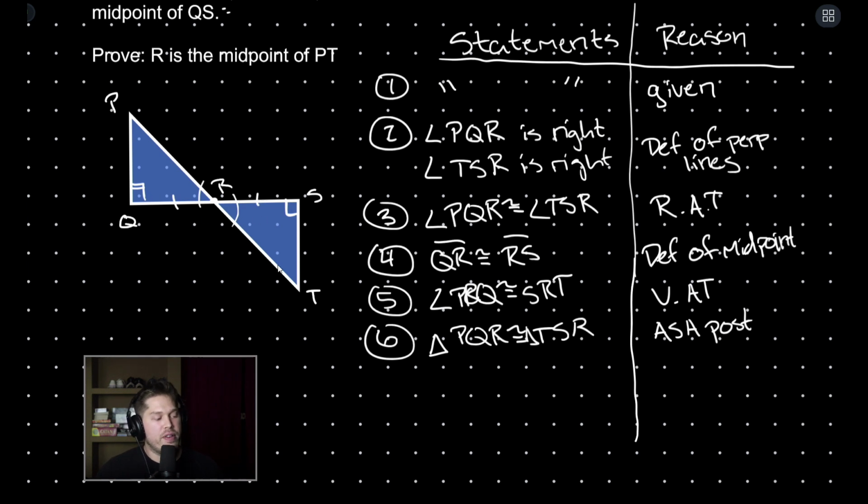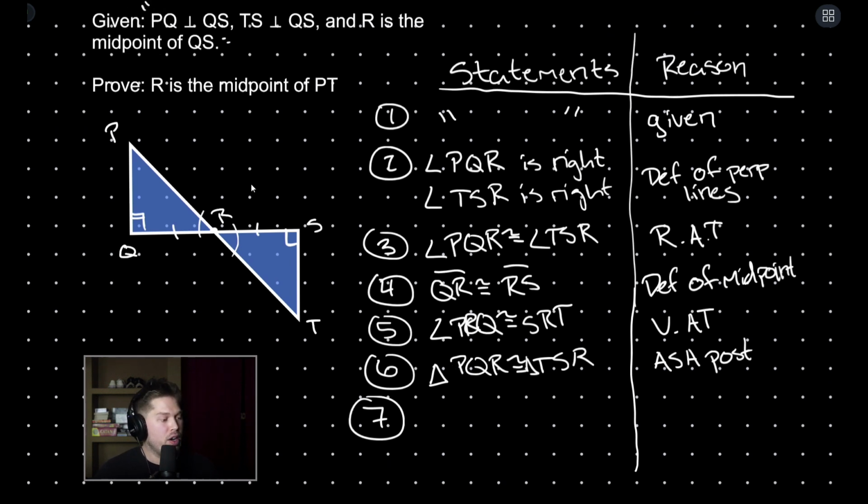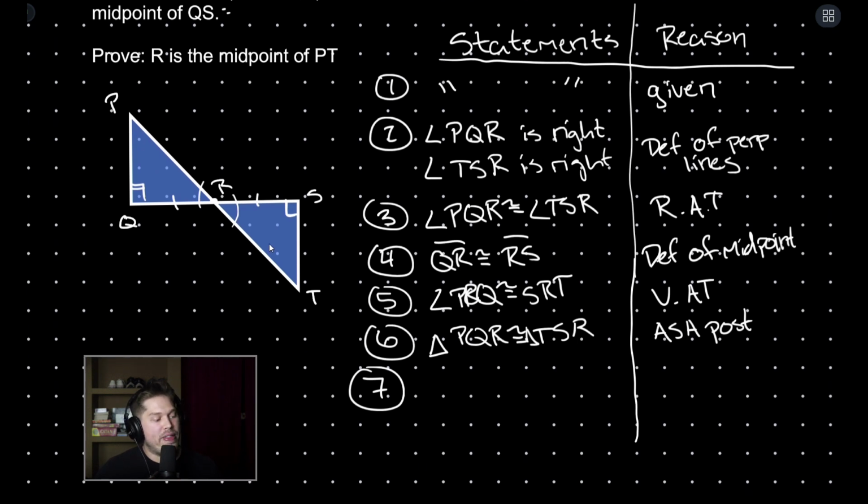And because of that, I can say that PR, because my triangles are congruent, that means the parts of my triangles are congruent. What am I searching for in this proof? I'm searching to prove that R is the midpoint of P and T. So I'm not quite there yet, but I can say that PR is congruent to RT because congruent parts of congruent triangles are congruent.